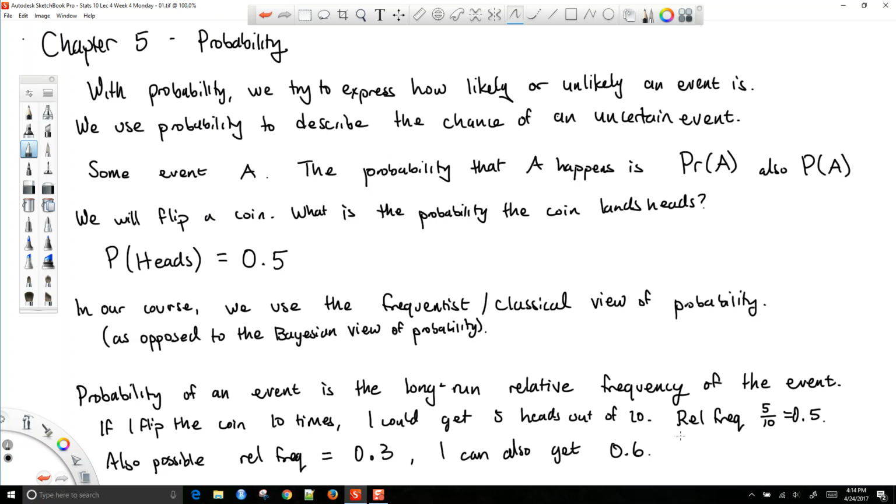And so our relative frequency here has a bit of variation.